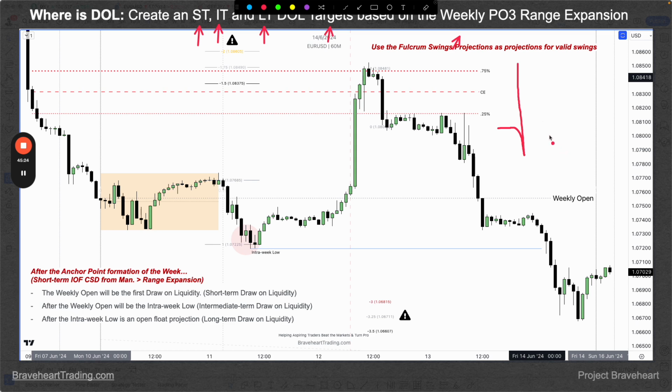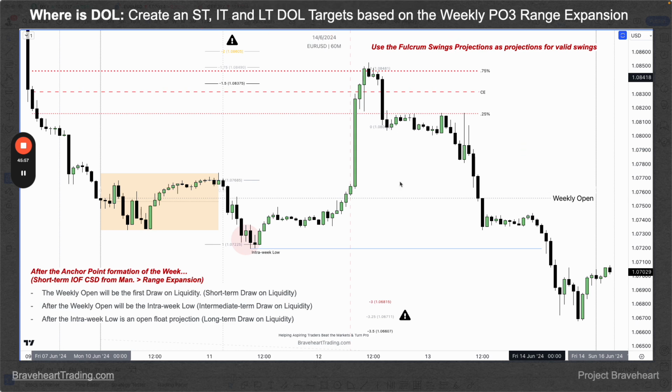When it comes to the expansion part, that is when we want to frame our short-term target, our intermediate-term target, and a long-term target. It's during the range expansion of the week. Okay? So not only do we know we need to frame draw on liquidity during the range expansion part of the week, we also know now that draw on liquidity can be broken down into 3 draws on liquidity, one being a short-term, intermediate-term, and a long-term.